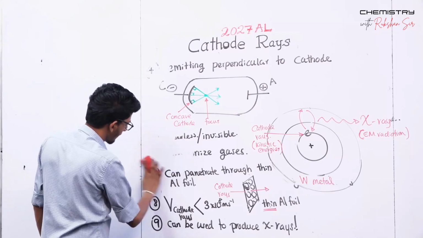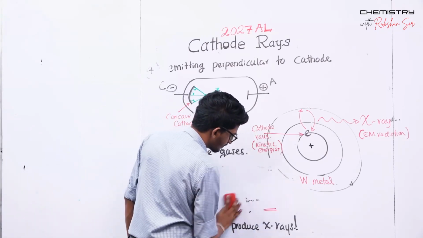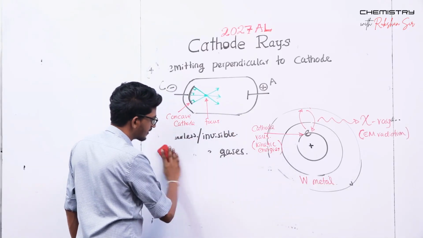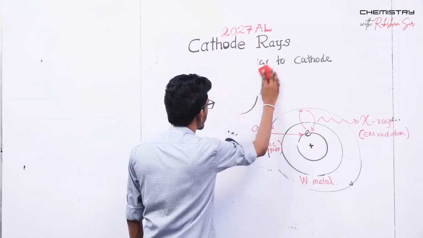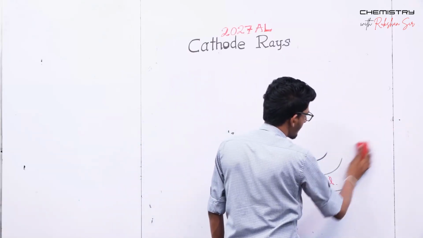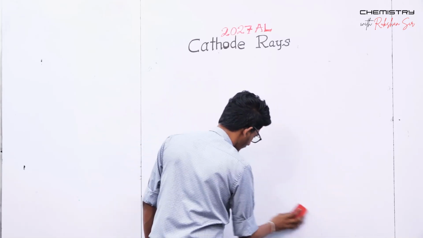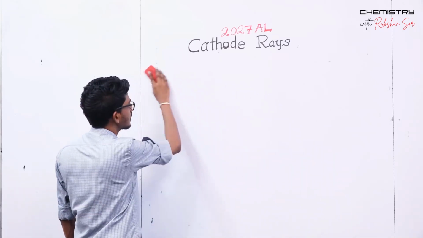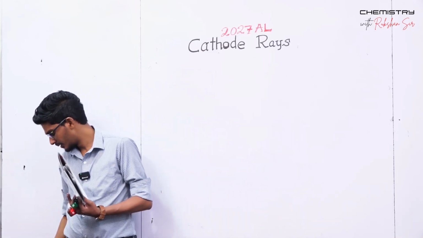What are the other major properties of cathode rays? Property number 10. Let's discuss property number 10.